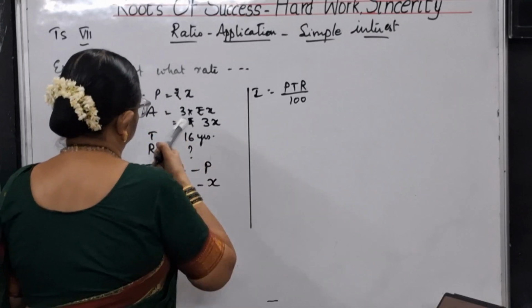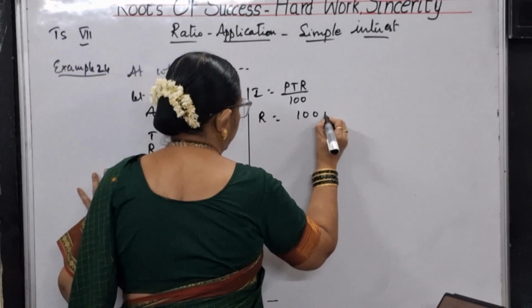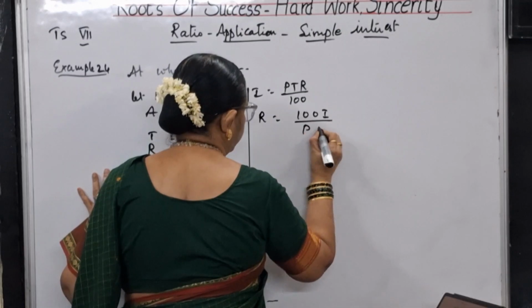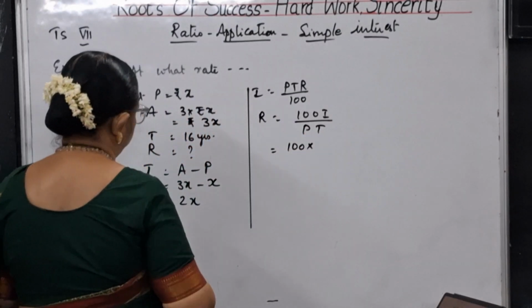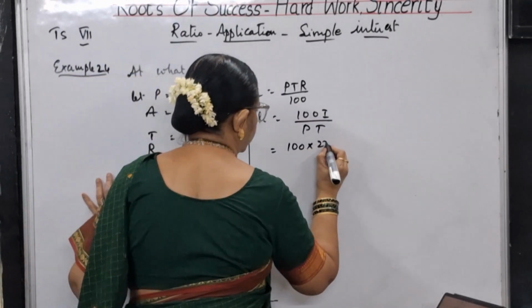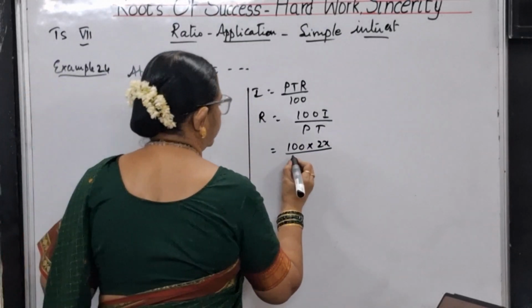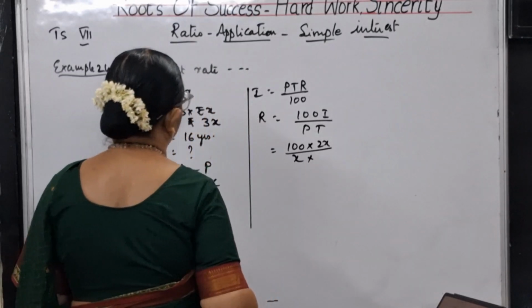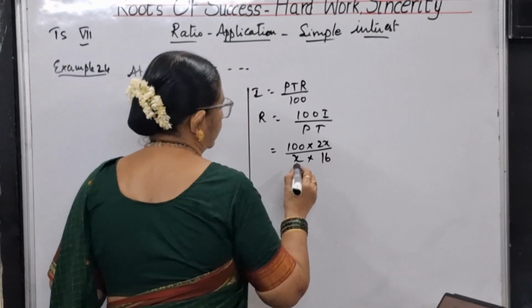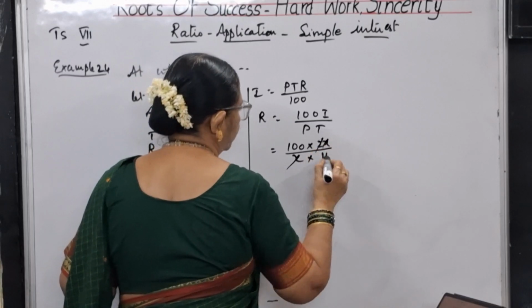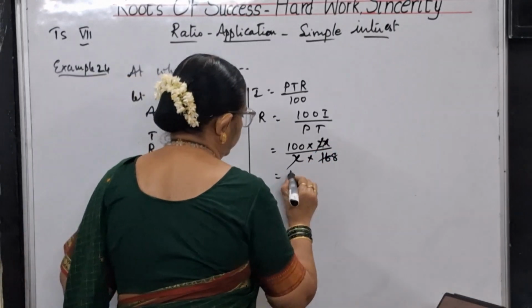Now we want the rate. R is equal to 100I by PT. That is equal to 100 into, what is the interest? 2x by principal, which is x, into time, which is 16 years. So x and x will get cancelled. 2 ones are 2, 2 8s are 16. So 100 by 8.